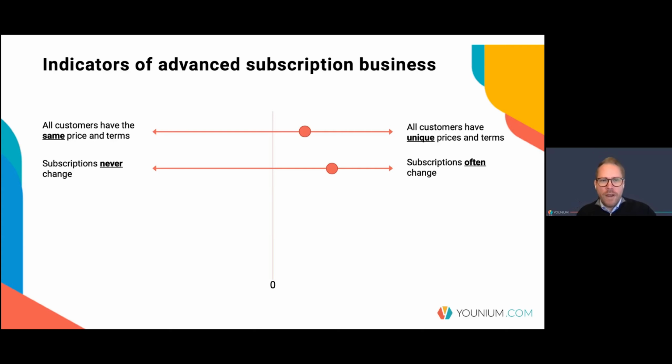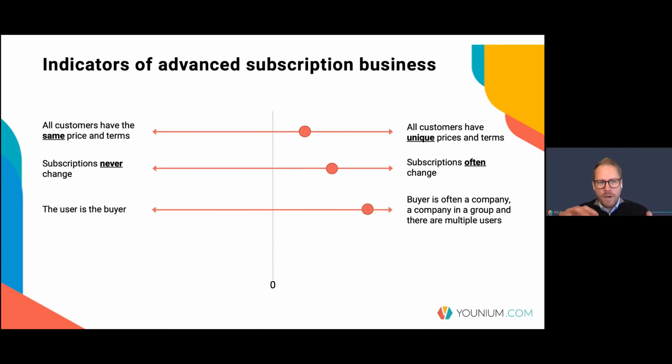Does it rarely or never change, or do you actually have quite frequent changes to the subscription over time? Another thing is looking at who is the buyer, where in the more B2C scenario, you would almost always have the same user also being the buyer. Whereas in B2B, the buyer could be a company or a group, and you have multiple users.